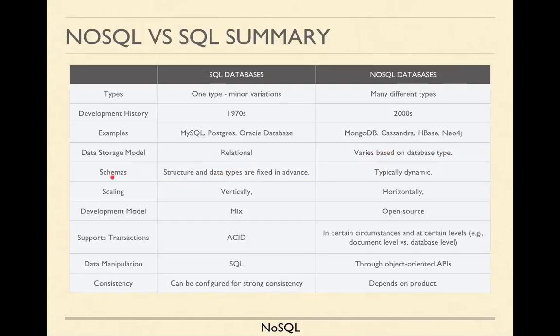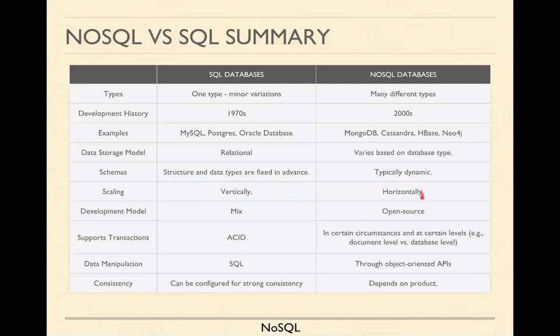All right, and with respect to schema, all of the SQL databases have the structure and data types fixed in advance. But in the case of NoSQL, the table schema doesn't have to be defined upfront. The scaling is vertical, as in you have to upgrade the hardware.